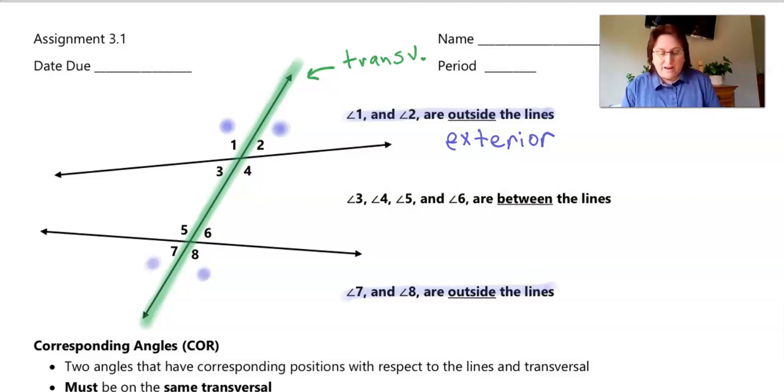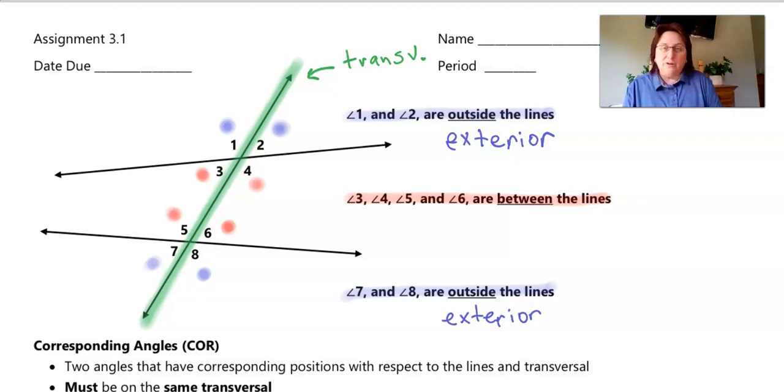7 and 8 are also outside the lines, aren't they? So those are also exterior to the lines. Well, then if we look at this, it says 3, 4, 5, and 6. Those are between the lines.